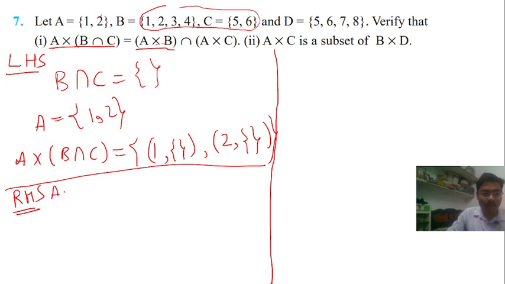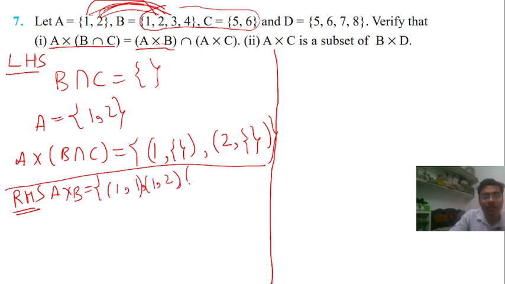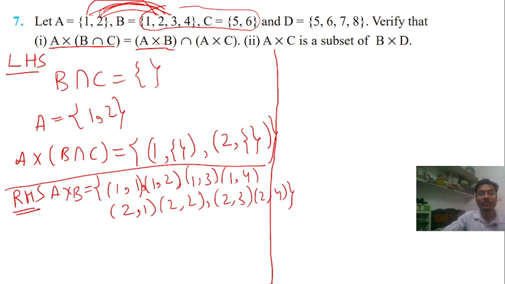So first we will find A cross B. To find A cross B, we will have to write every element of A with every element of B. So I am writing 1, 1, 1, 2, 1, 3, 1, 4. Then 2, 1, 2, 2, 2, 3, and 2, 4. So this is our A cross B Cartesian product.